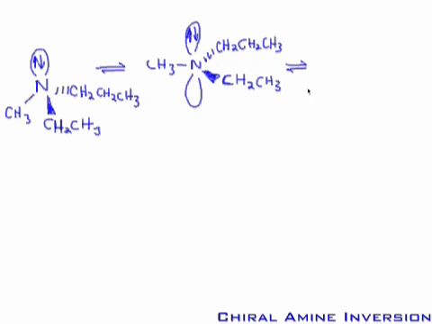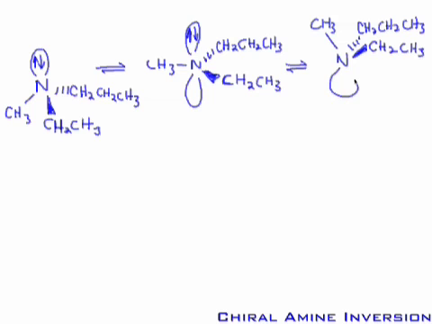But the 3 groups now can flip up, and if it does, you get this structure where the lone pair of electrons are in an sp3 orbital down.